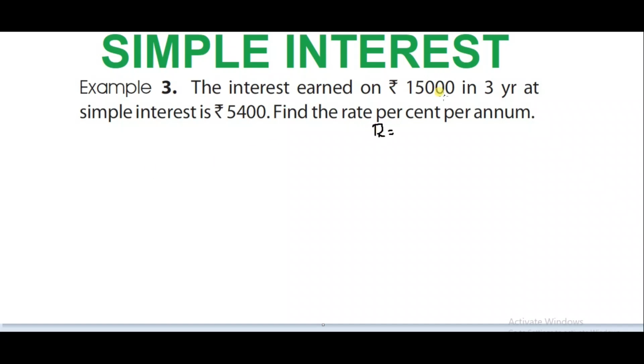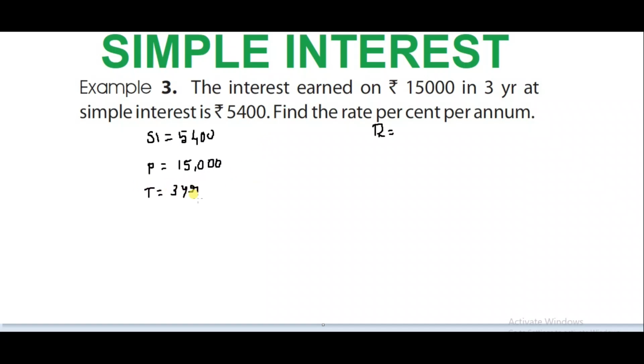Given simple interest equal to 5,400 rupees. Next, the interest earned on 15,000. So 15,000 is P value. P equal to principal amount 15,000. Next, given time T equal to 3 years.